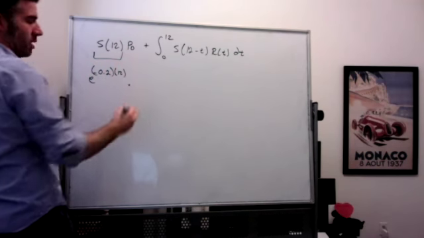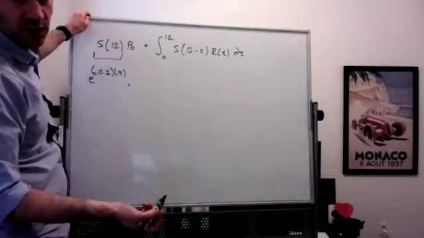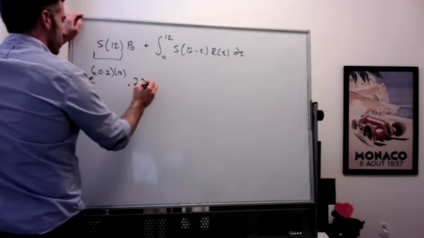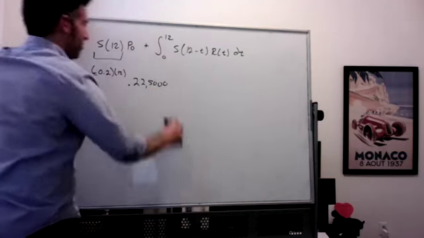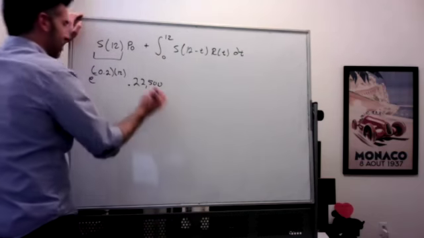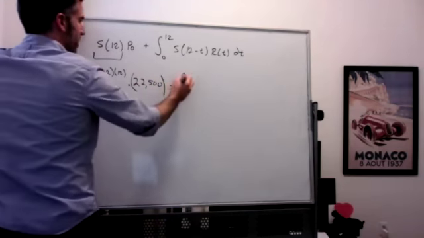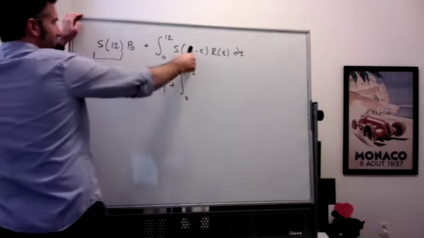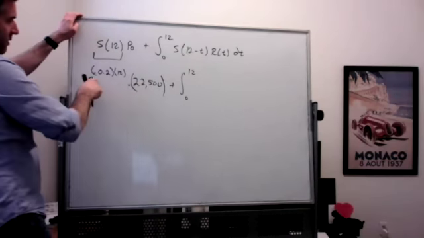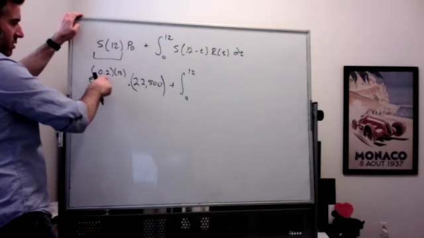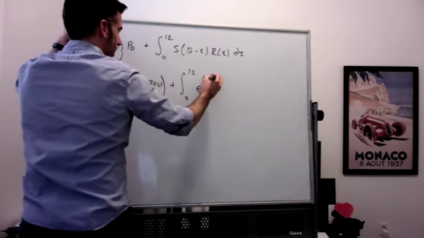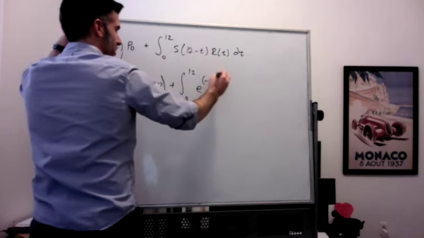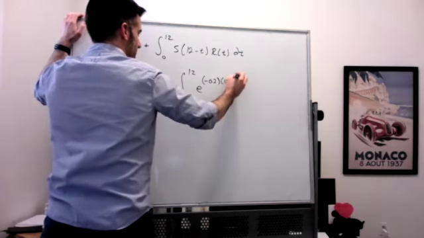And P naught was, what was it? 22,500. Whoops, not 225,000. Plus the integral from 0 to 12. Okay, S of 12 minus t is going to be e to the negative 0.2 times 12 minus t.